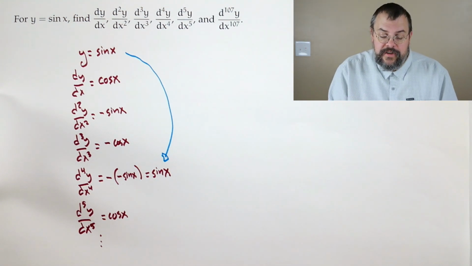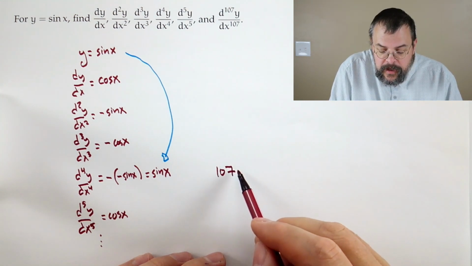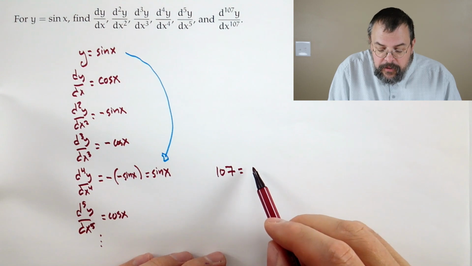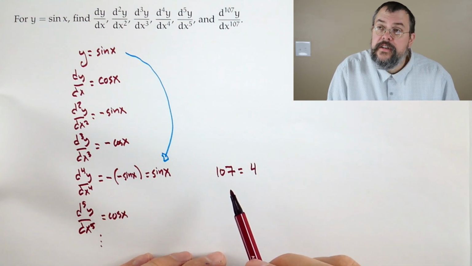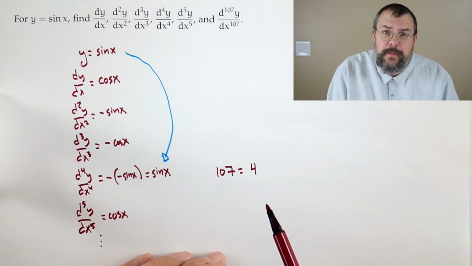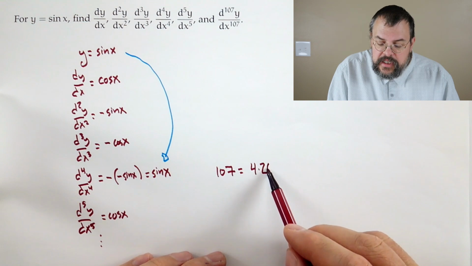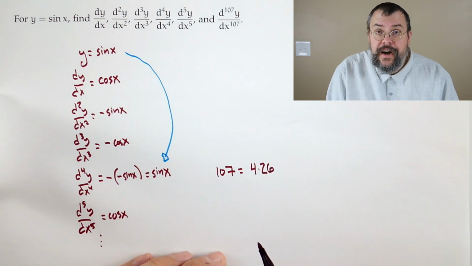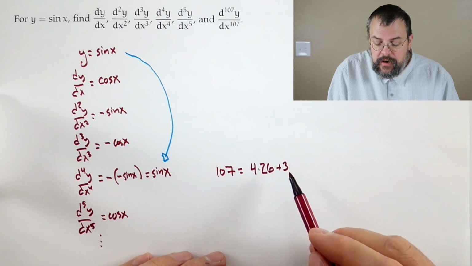So we think to ourselves, okay, if I have 107, how can I think of 107? Well, let's divide 107 by 4. Well, it's not quite divisible by 4, right? But if you take 4 times 26, that would be 104 plus 3 more.